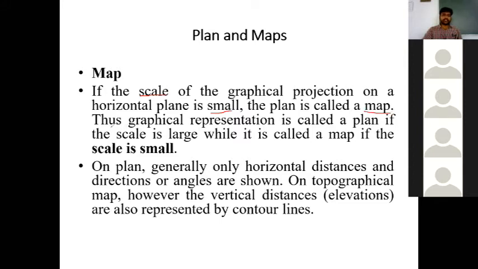And in the second term, what they have written: the graphical representation is called a plan if the scale is large. So that is what I was talking about. If the scale is large, then what are we going to say? Plan. And when are we going to call it a map? When the scale is small. Don't get confused.